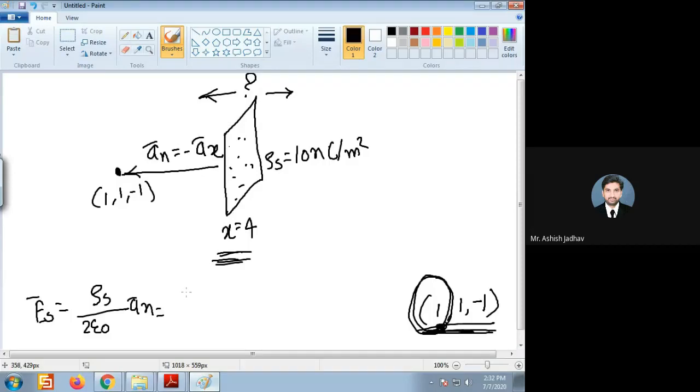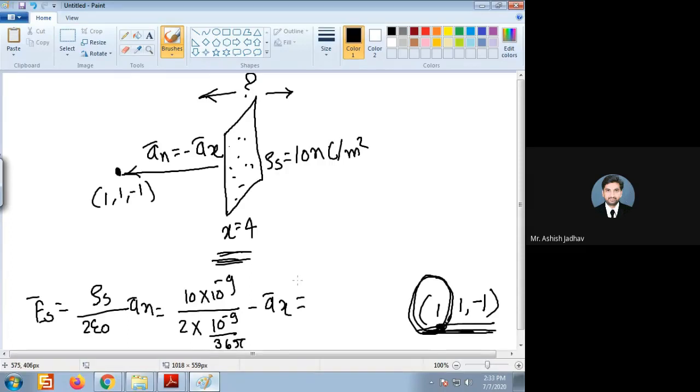So rho s is 10 into 10 raised to minus 9, divided by 2 into epsilon naught, which is 10 raised to minus 9 upon 36 pi, times A bar N, which is minus A bar X. The answer of this is, can you tell me the answer?